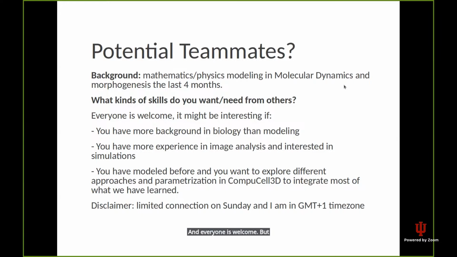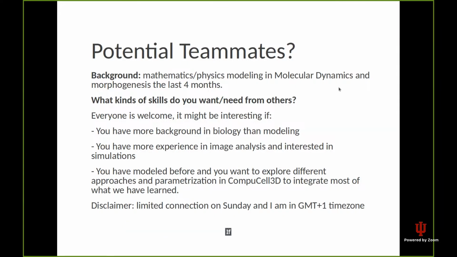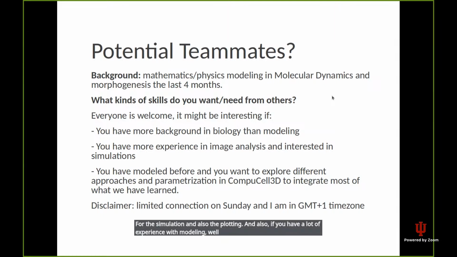If you are more a biologist, then it's a good experience for modeling. If you are good in image analysis, maybe you can help in building up the initial conditions for the simulation and also the plotting. And if you have a lot of experience with modeling, I think it's a project that can combine several aspects of the workshop and could be interesting to you.